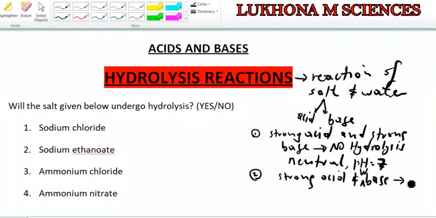This salt is acidic. Its pH is less than 7. It's acidic because the acid will overtake the base.